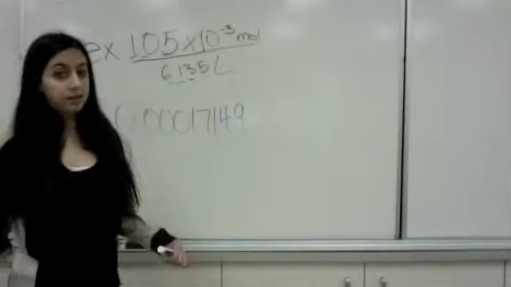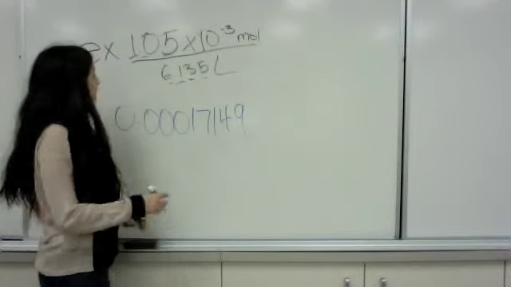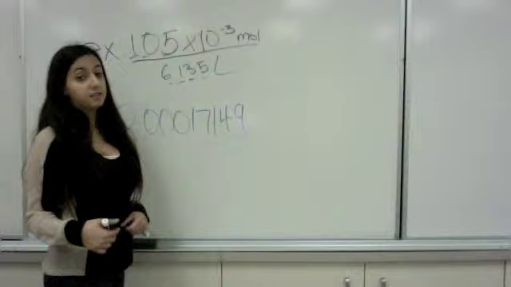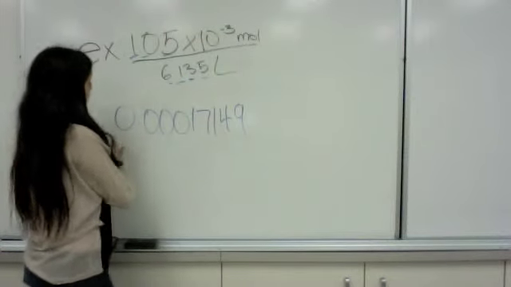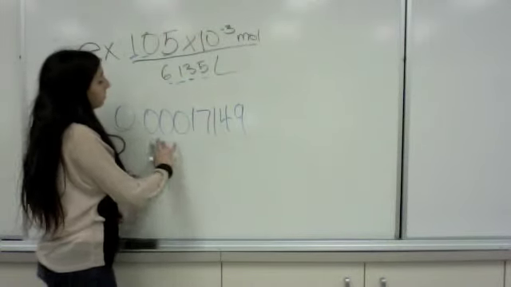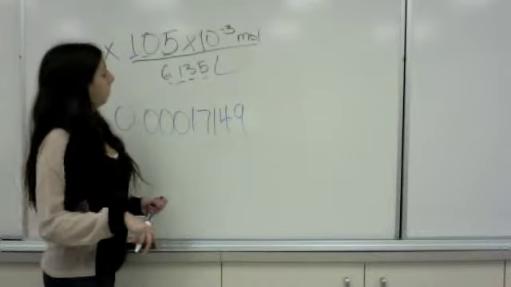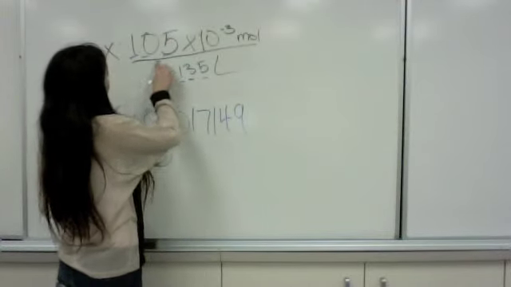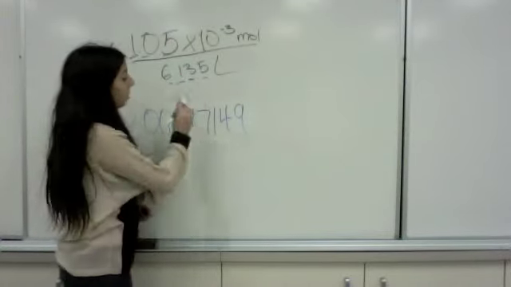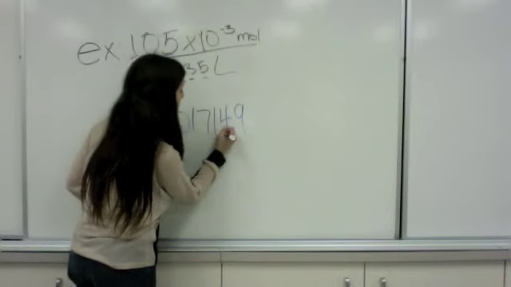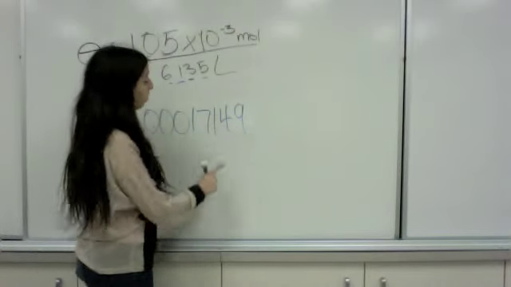0.0001714. Now let's count our sig figs. We know from our rules that leading zeros never count unless a whole number is in front of them, which in this case there's not. So we skip these zeros because we know they're not significant, and since we need 3 sig figs, we are going to have to round 1 and 4.